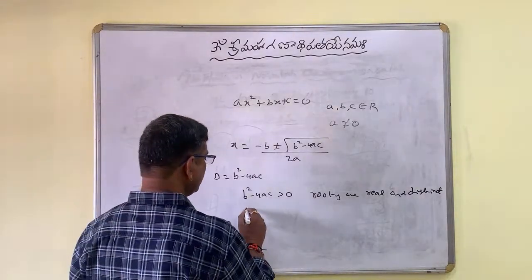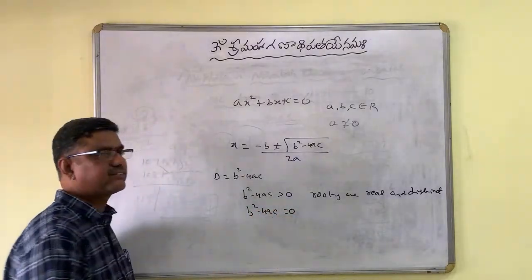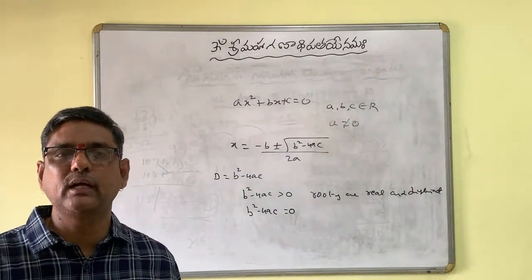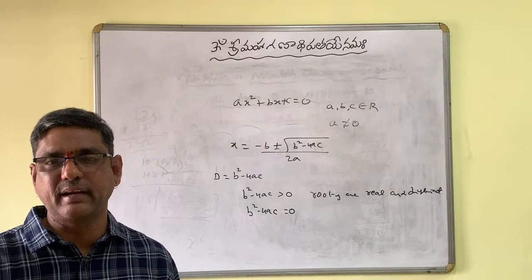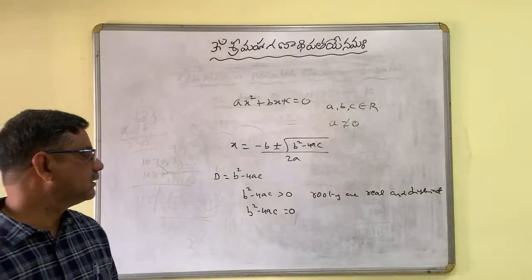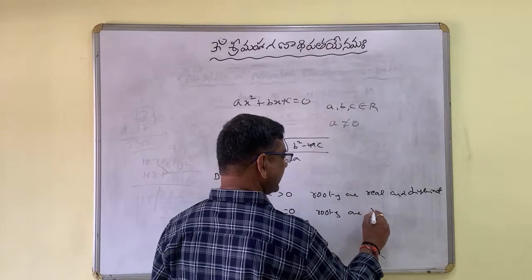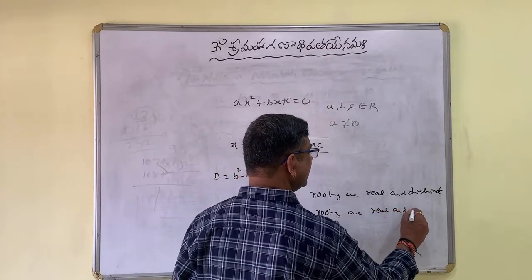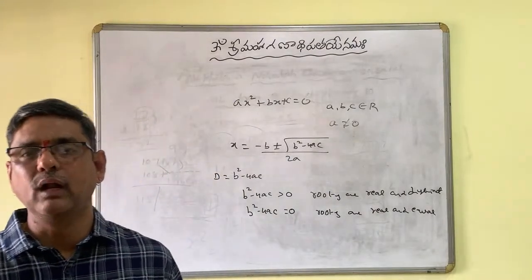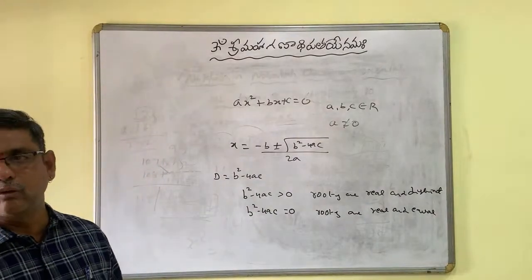Okay. If b square minus 4ac is equal to 0, suppose, మనం చూసాం ఒక ప్రాబ్లం లో, ఈ ప్రాబ్లం సాల్వ్ అయినప్పుడు మనం దాంట్లో చూసాం b square minus 4ac 0 వచ్చింది మనకి. We got it is 0. Then the roots are real and equal. అంటే b square minus 4ac 0 అయిపోయింది అనుకో.